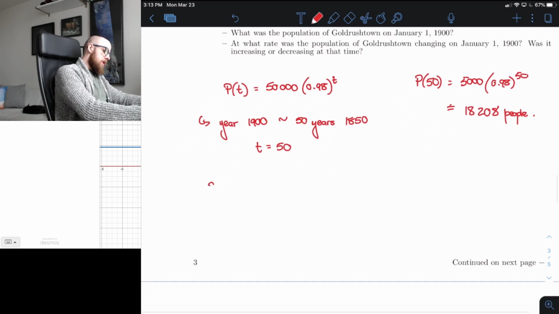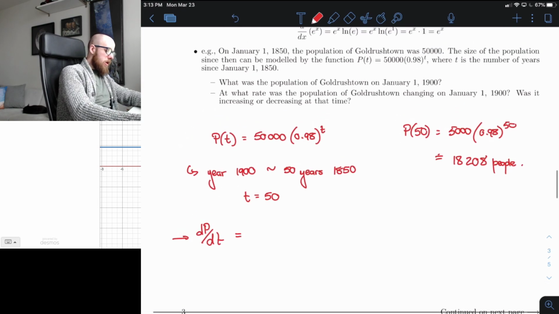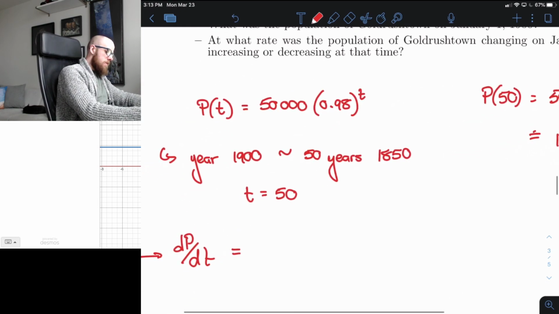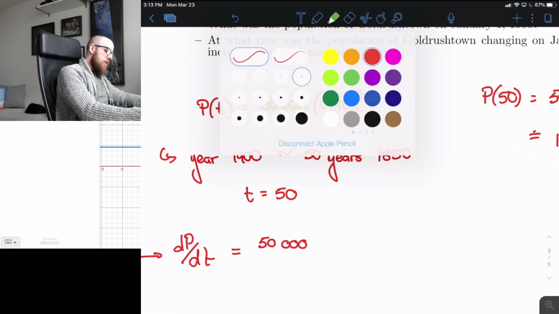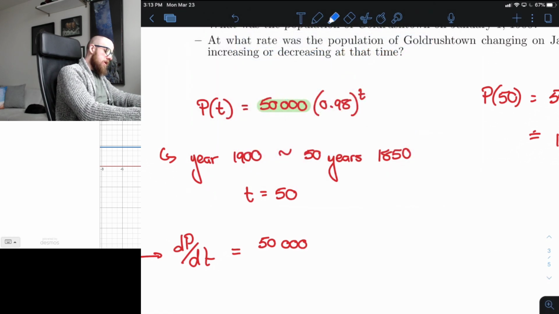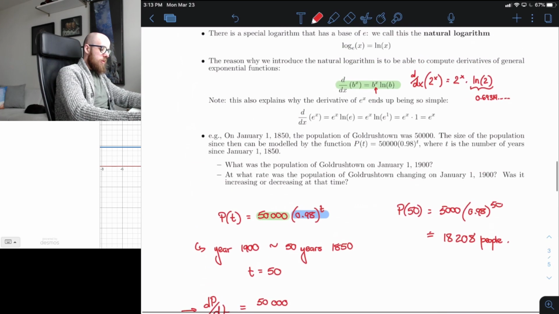So dP by dt is equal to. If I look at this function, there's a couple parts here. The first part, the 50,000, will just stay the same. That's a constant. I just keep it out in front. But this second part, I'm going to have to take a little bit of care with. It is an exponential function, so I'm going to be applying this rule.